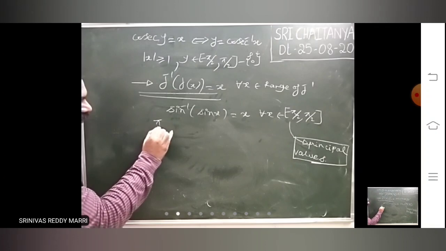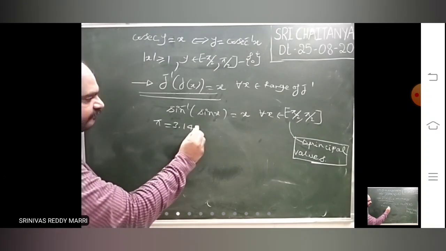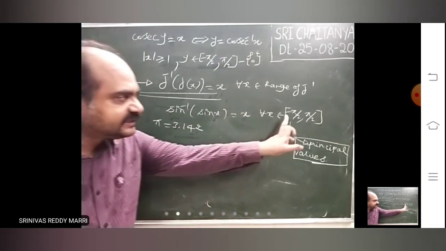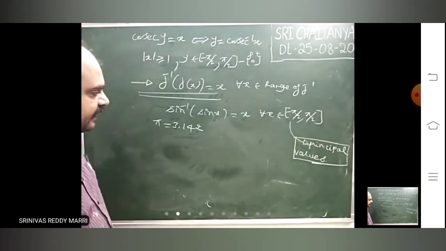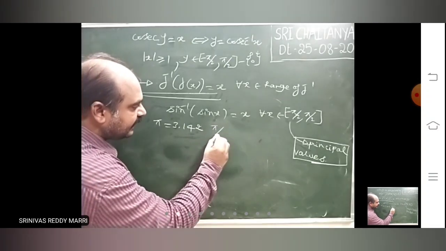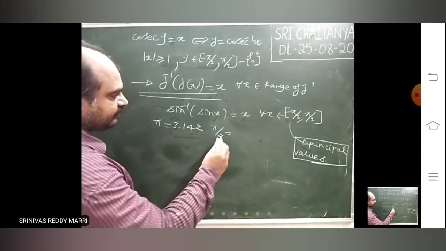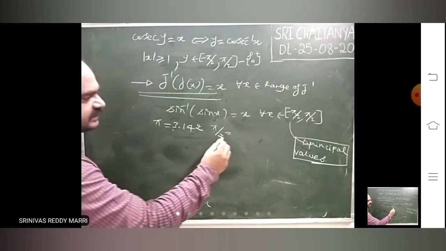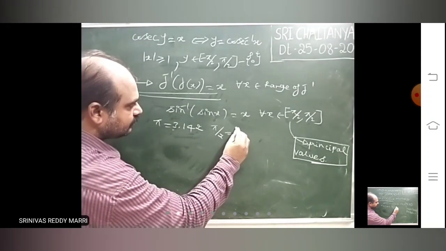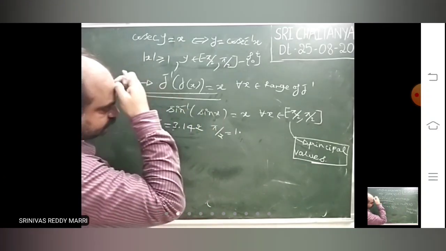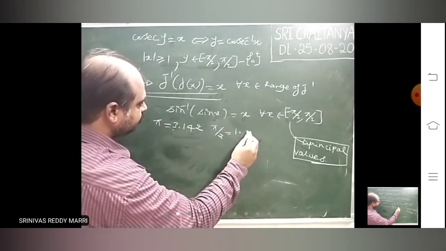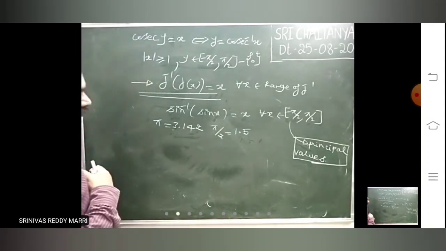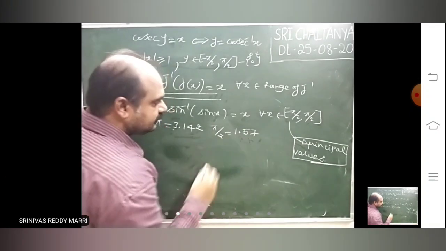Right? You always remember that pi is 3.142. Pi is a real value only. That means pi by 2 you can calculate. Pi by 2 is 3.142 divided by 2, so 1.57.